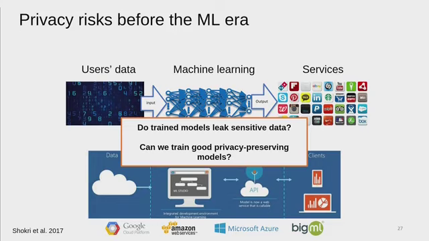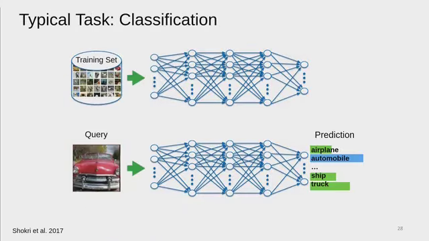Now, a typical task where machine learning is used is classification. For example, what type is the current image? So the input data set will be a large set of images, the training data set, and the model is being trained. Then for the query, the model is queried and returns a prediction with a list of classes and probabilities.